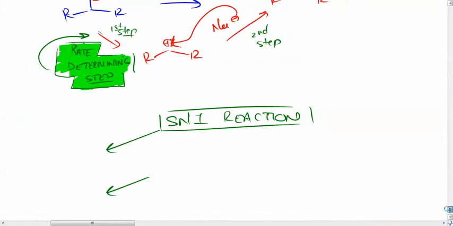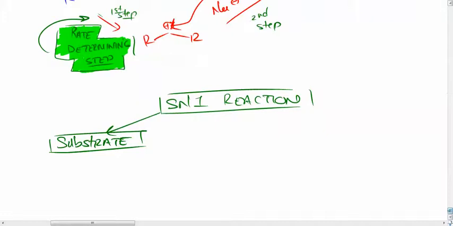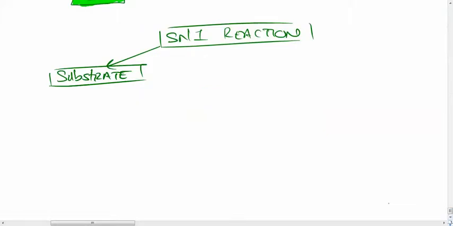Alright. So we're going to start off with the kind of substrate that we want to use. And in this reaction, what kind of substrate do we want to use? A really substituted one. So we want tertiary over secondary over primary over methyl.